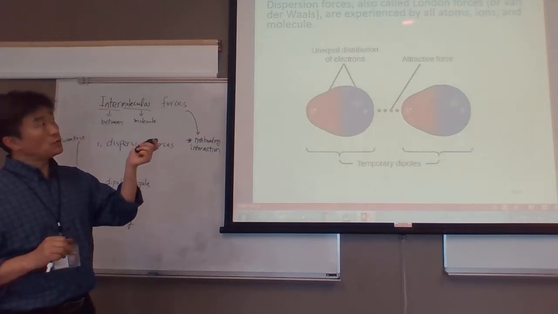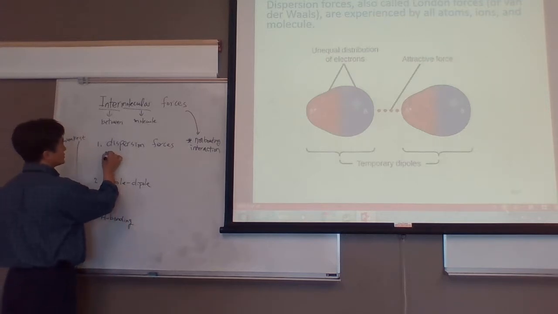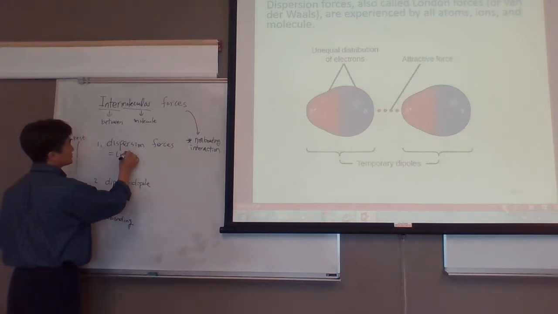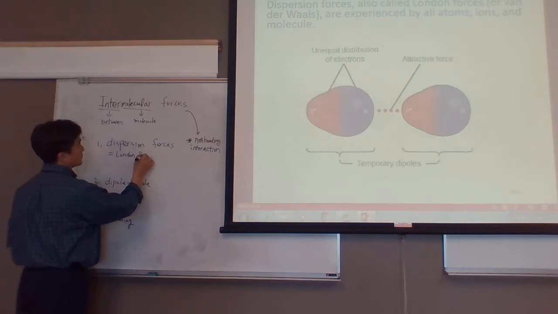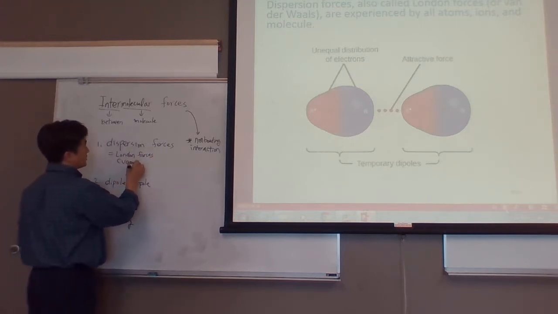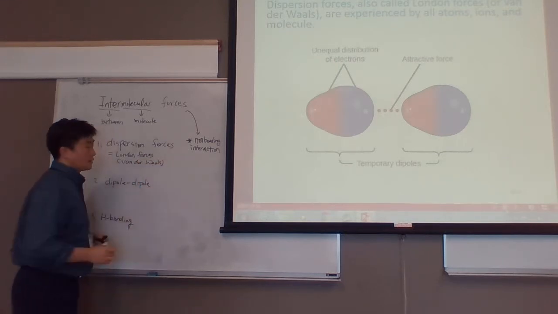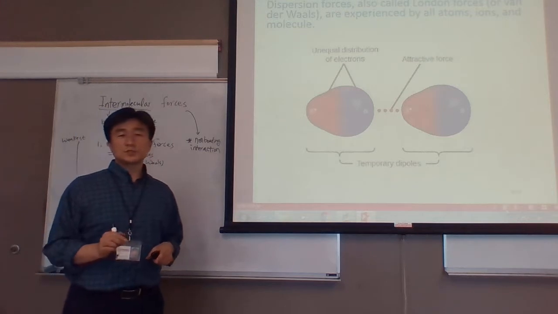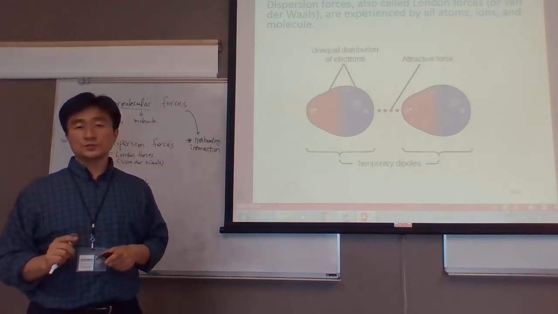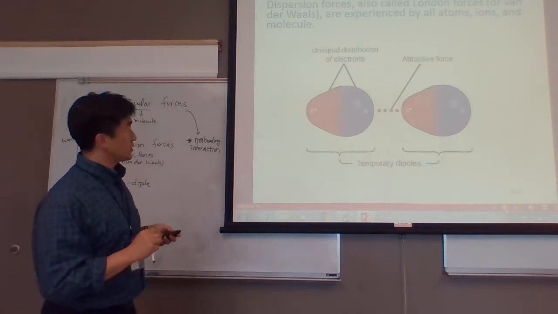Dispersion force is also called the London force. So we first discuss dispersion force. This is called the London force. Also, this is called the van der Waals force. This attractive force is the result of a distortion of the electron cloud when molecules come close together.